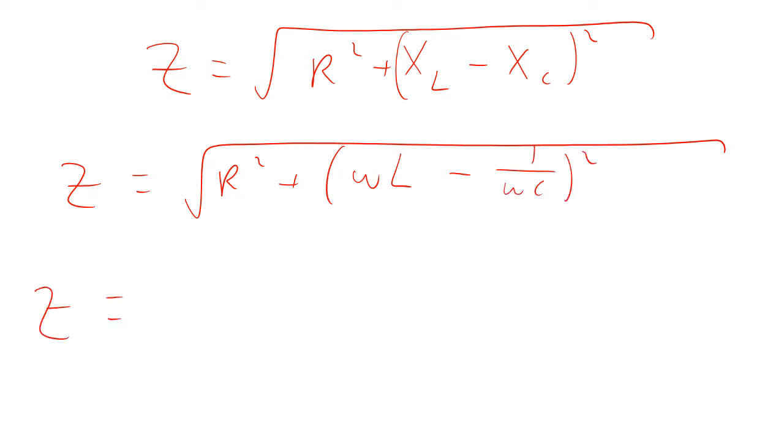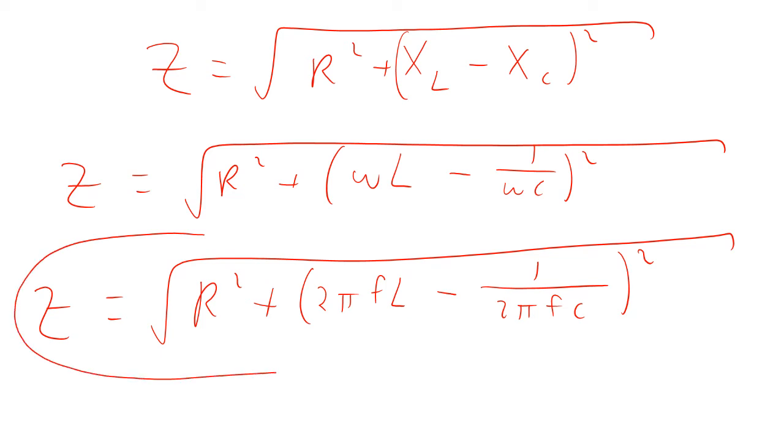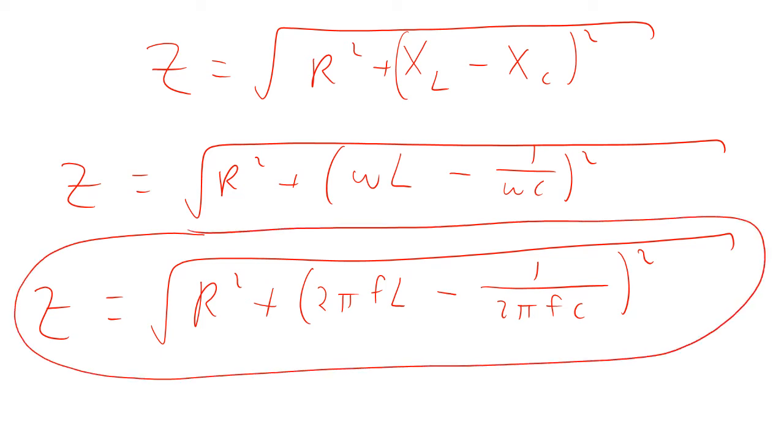Or we can go one more step if you'd like, and that is R squared plus 2 pi FL minus 1 over 2 pi FC, squared. So that is the impedance of a series RLC circuit.